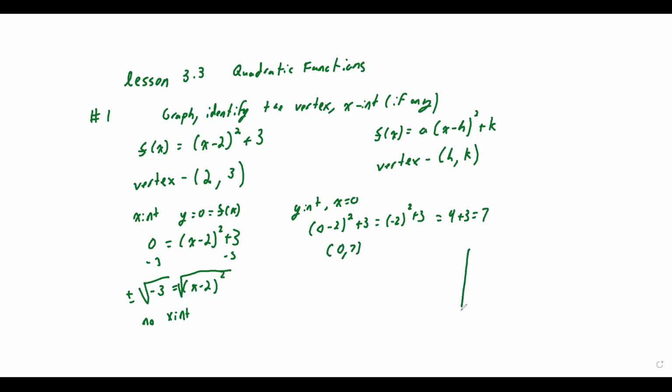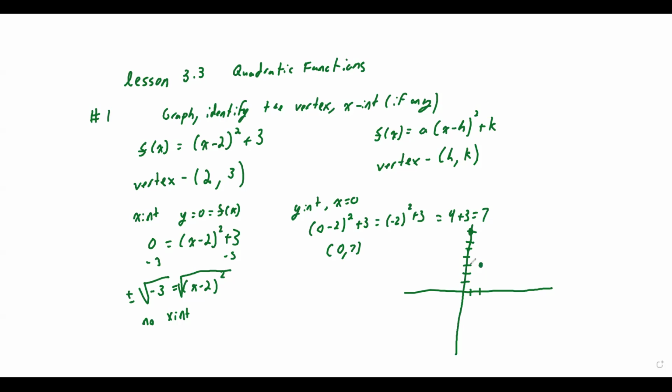And so with that, when I do a rough sketch of a graph here, I'll graph my vertex, so 2 comma 3. And I'll go ahead and sketch my y-intercept as well: 4, 5, 6, 7. And then what's nice about this is quadratics are symmetrical.